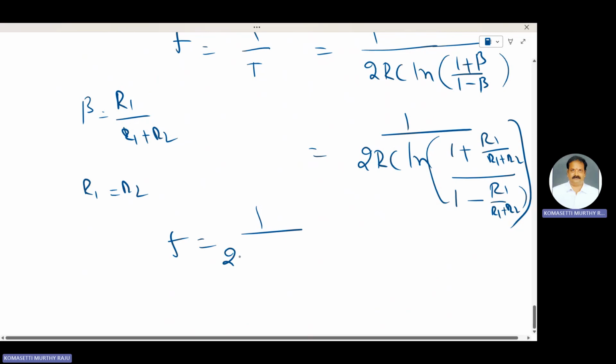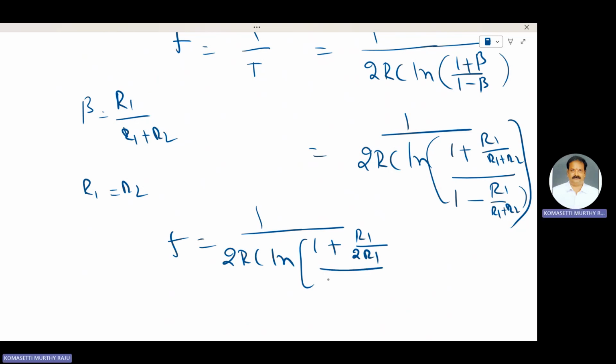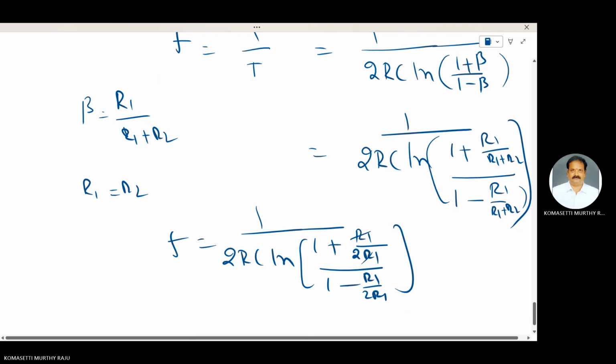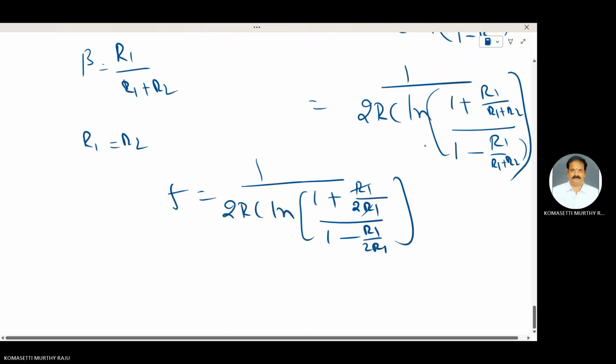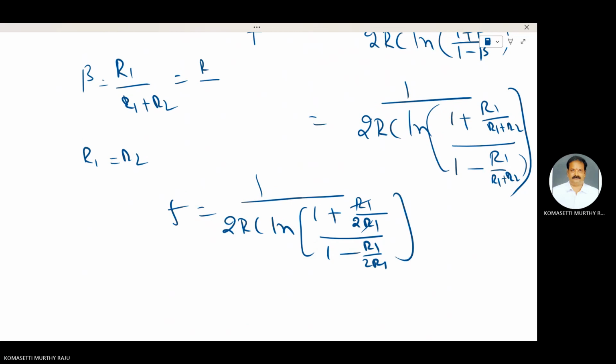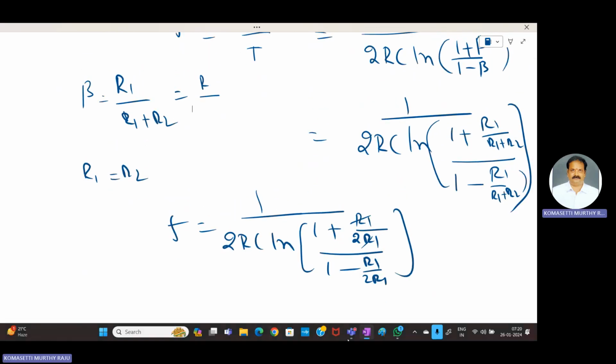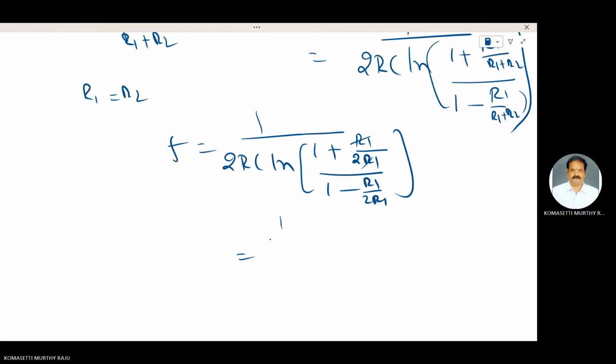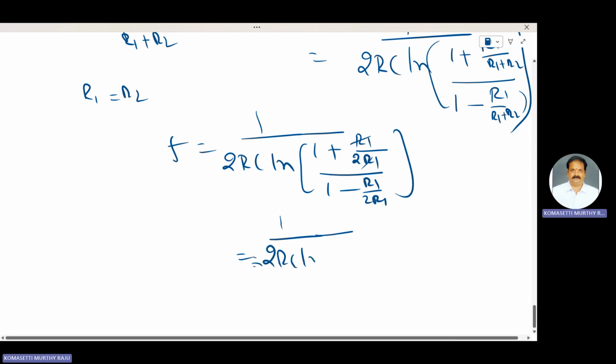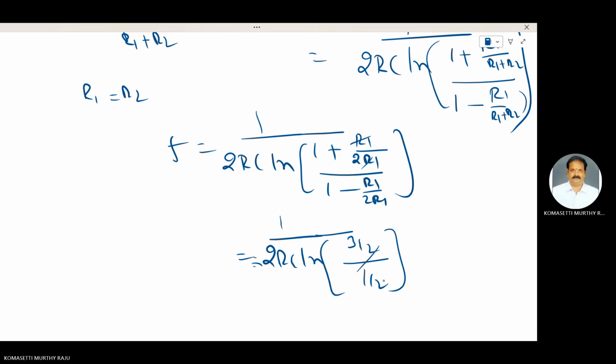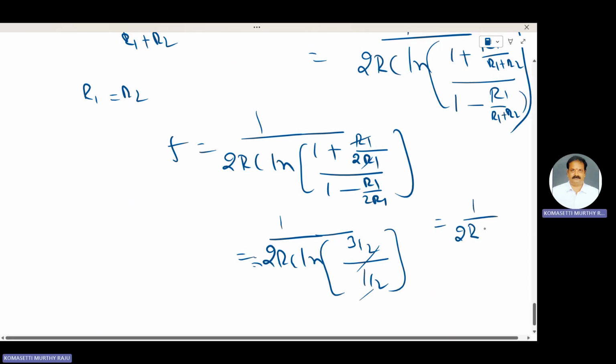Therefore beta is R1 by 2 R1, which is 1 by 2. So f is equal to 1 by 2 RC ln (1 plus 1 by 2) by (1 minus 1 by 2), that is 3 by 2 by 1 by 2, the 2s cancel, giving 1 by 2 RC ln 3.